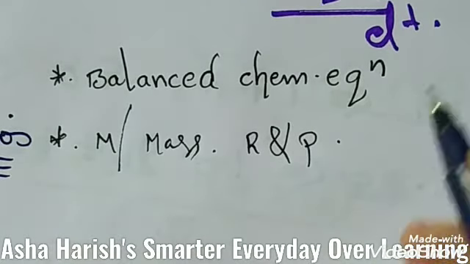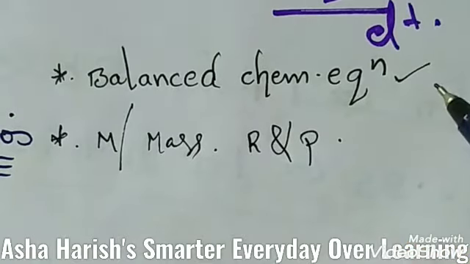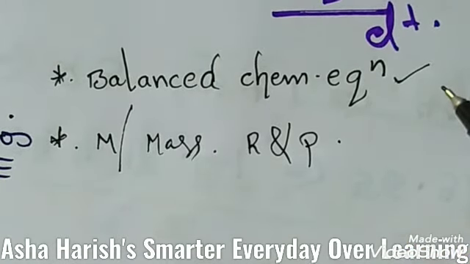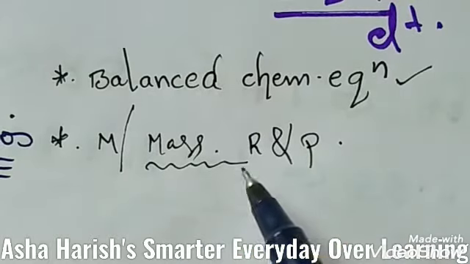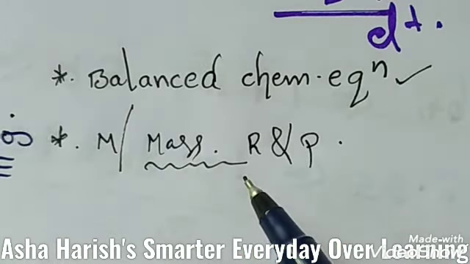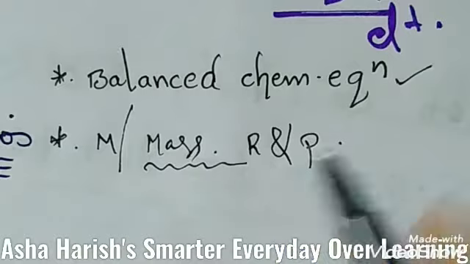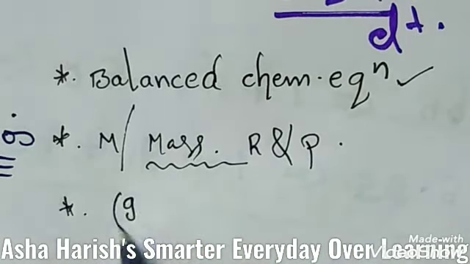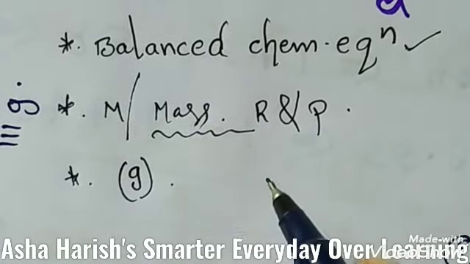So first point, students, we have to write the balanced chemical equation for that particular chemical reaction, and the second one is, according to molecular mass as well as atomic mass, you should write that mass below the formulae.